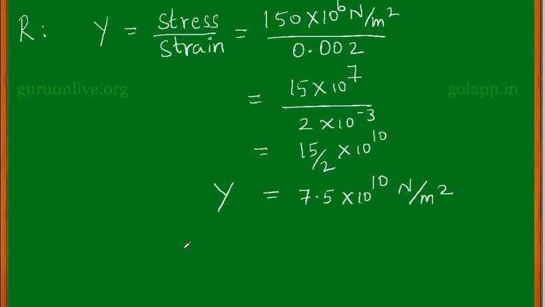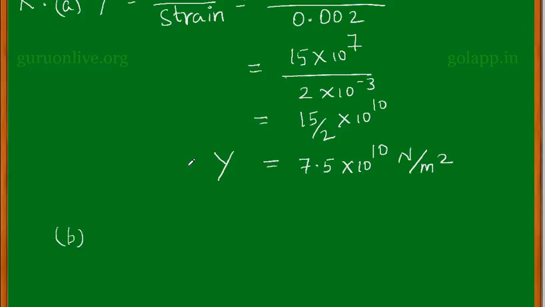Next, we are moving on to your problem B. Problem B, as we have given the definition earlier, approximate maximum stress is equal to the yield strength.